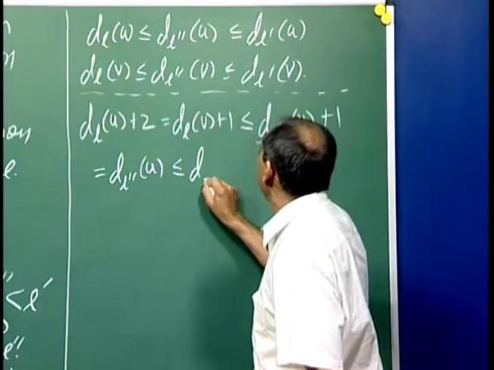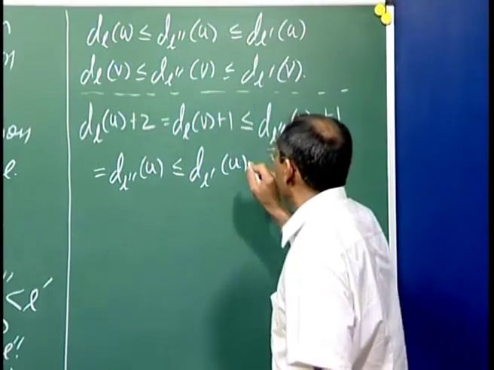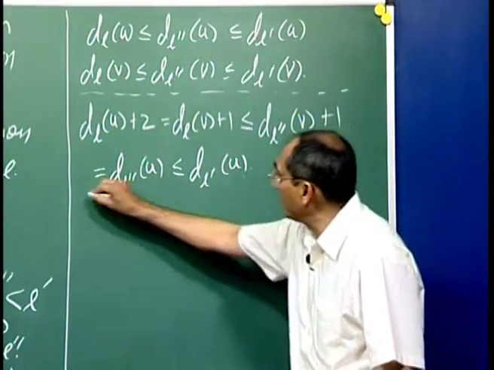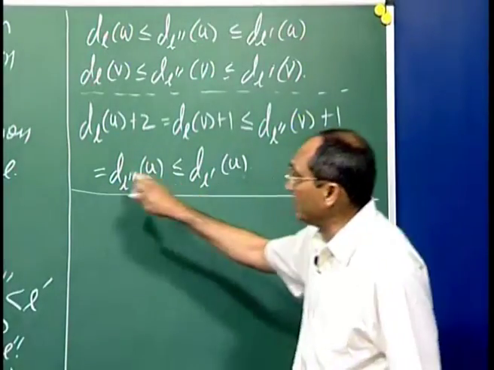So this is dl prime of U. This is all we needed to prove. This is the claim.